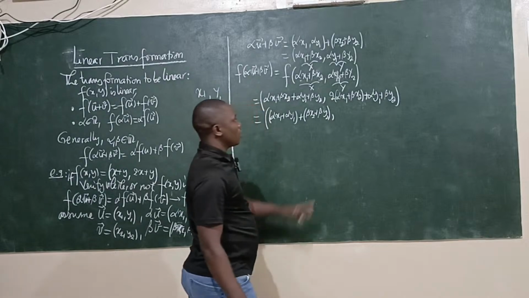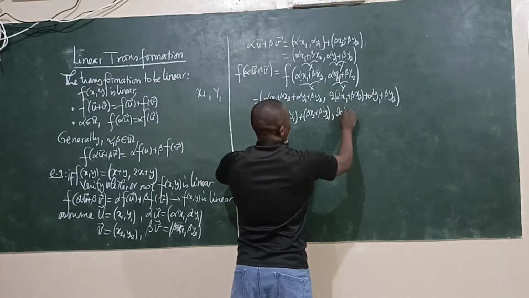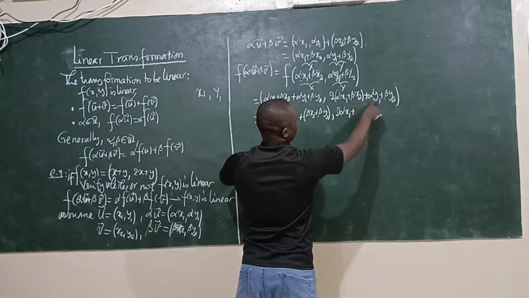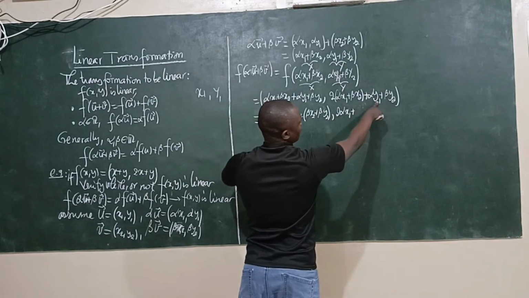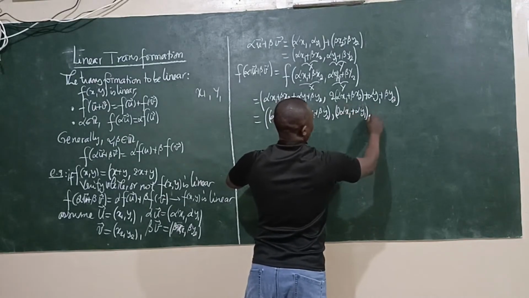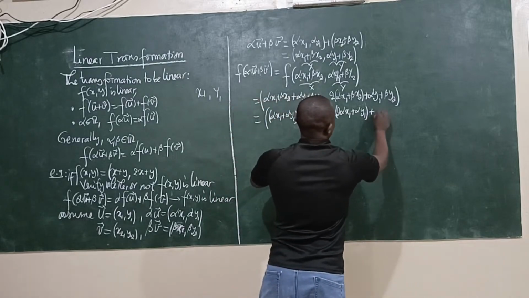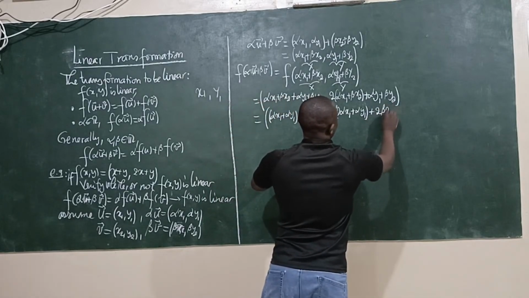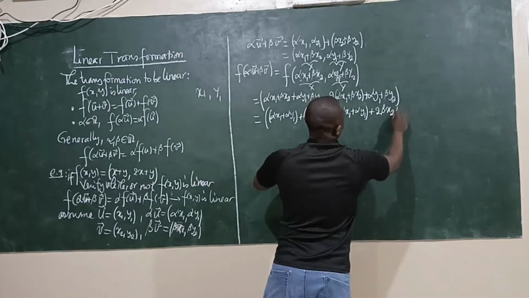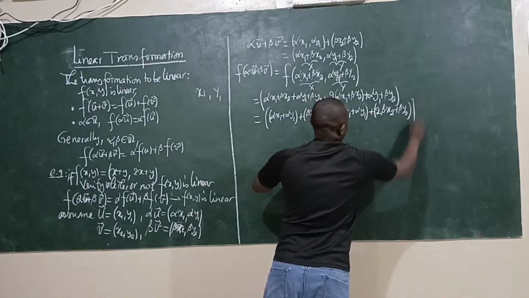Comma, do the same here. This is going to be 2 alpha x1 plus alpha y1, plus 2 beta x2 plus beta y2, as you see here.